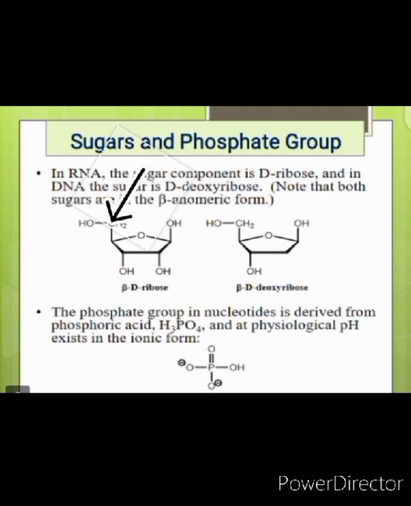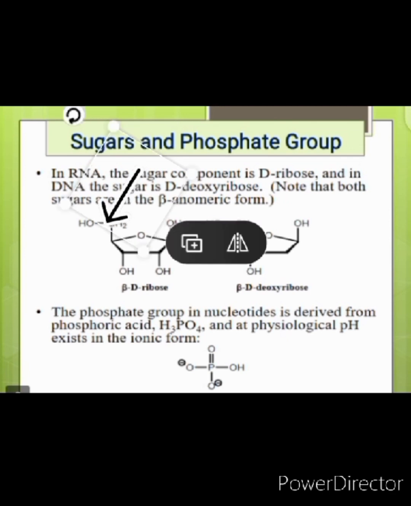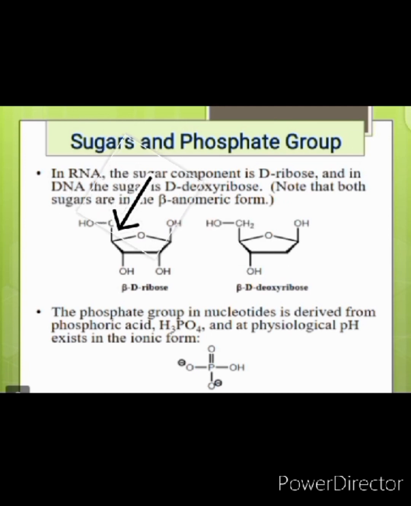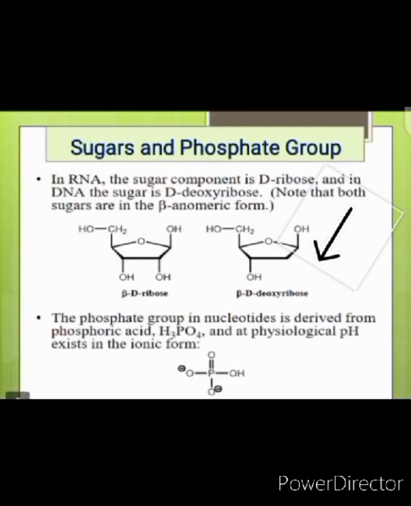And at carbon 5, the phosphate group will stick. This is the example of deoxyribose. Both have 5 carbons, but the difference is in carbon 2, there is no hydroxyl group in deoxyribose.